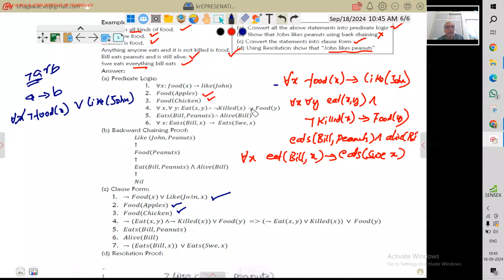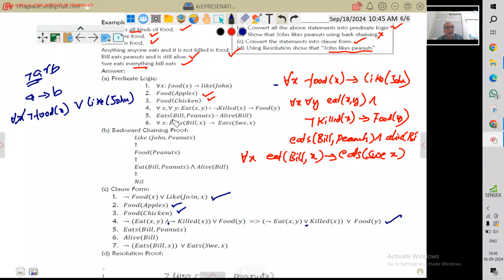Since implies is there, we put negation A or B. Then we bring the negation to individual terms, so negation of negation eats of x comma y and killed of x becomes, negation cancels, killed of x or food of y. This is the final clause form.